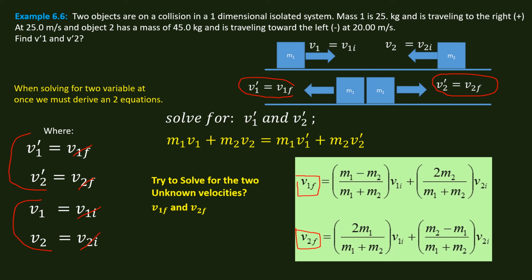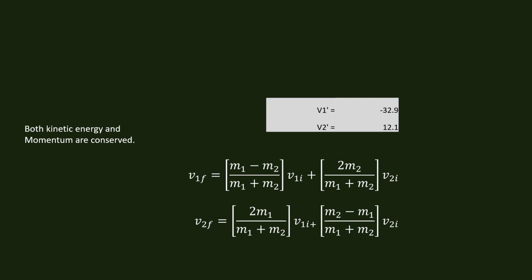By plugging in the values, you can solve for these two variables. V1 prime in this example was negative 32.9, and V2 prime was 12.1, both meters per second.